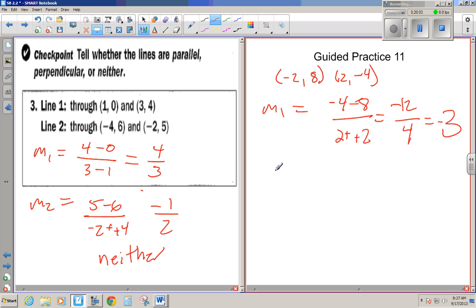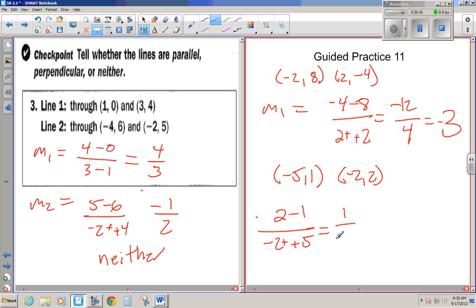The second line has points negative 5, 1, and negative 2, 2. Let's work this out. 2 minus 1 all over negative 2 minus negative 5.